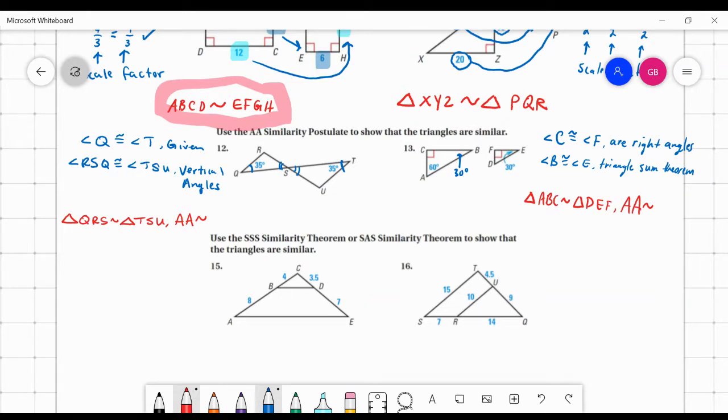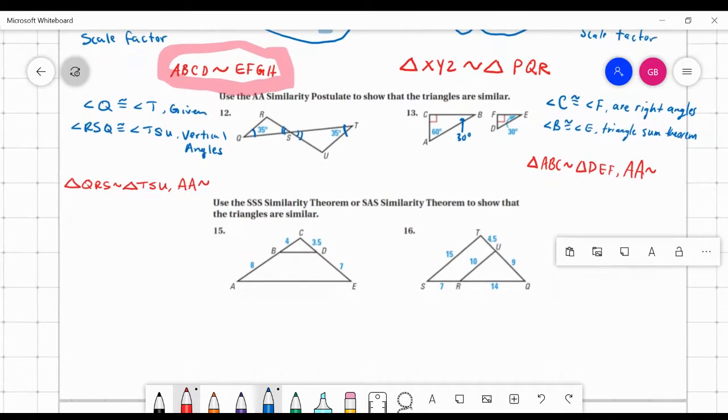Okay. All right, for this one, we're going to use the side-angle-side similarity postulate theorem to show that the triangles are similar. Okay, so let's see here. Okay. So for number 15, I'm going to use side angle side.